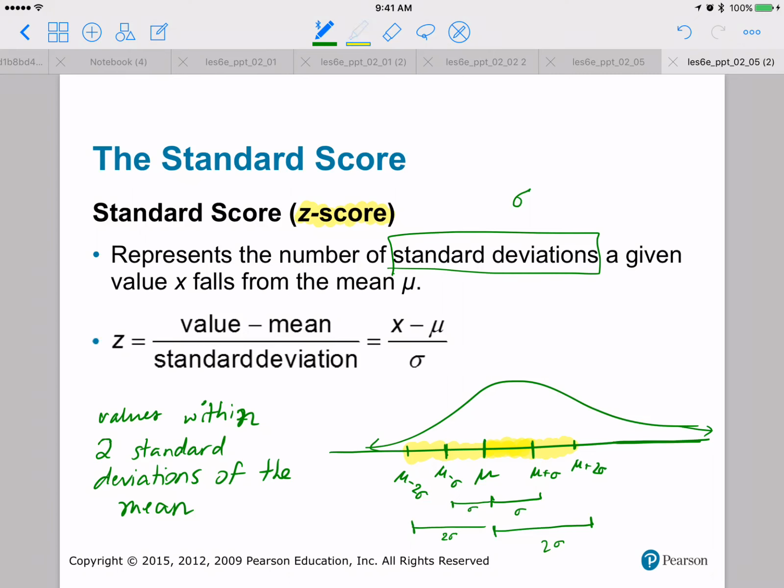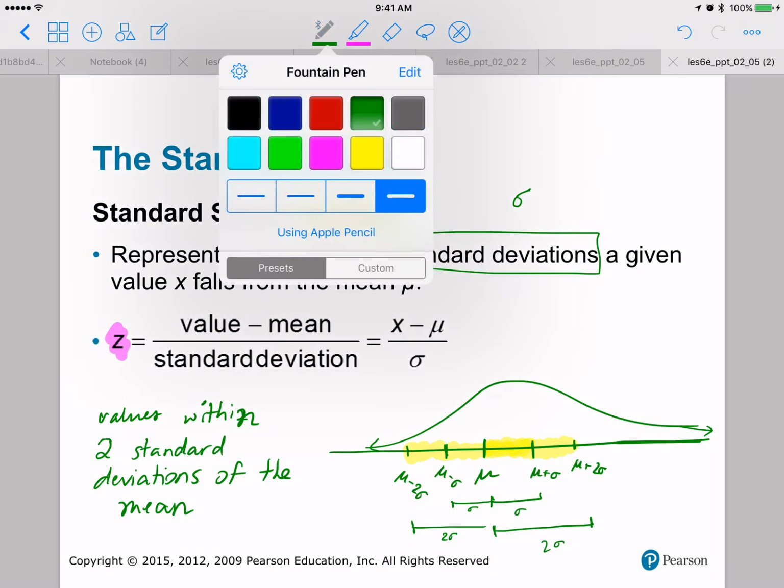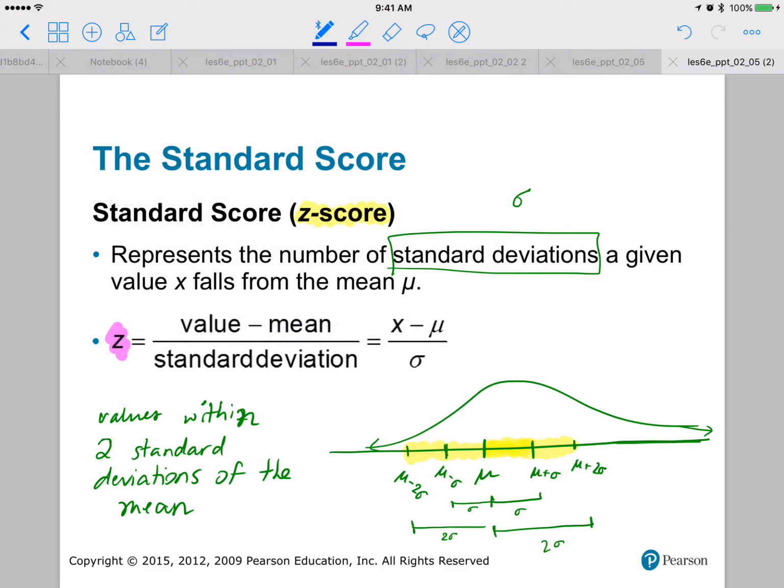And now we've got our formula for the z-score. So suppose you had a point x. You could find the z-score for x. And how you find the z-score is you calculate the value x minus the mean, divided by the standard deviation.